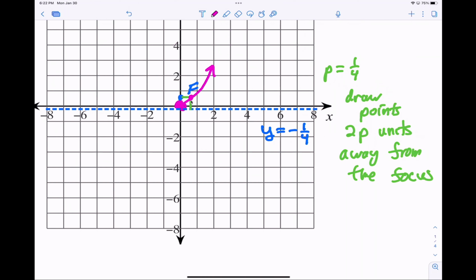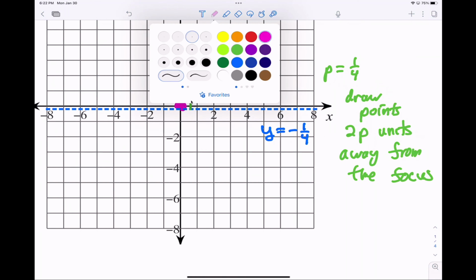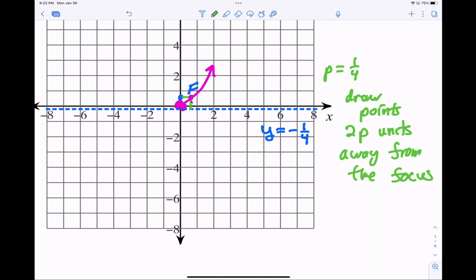If I then go to the other side for symmetry, and I go 1/2 a unit to the left, and then 1/2 a unit down, I will have another point that is exactly 1/2 a unit from the focus and 1/2 a unit from the directrix.